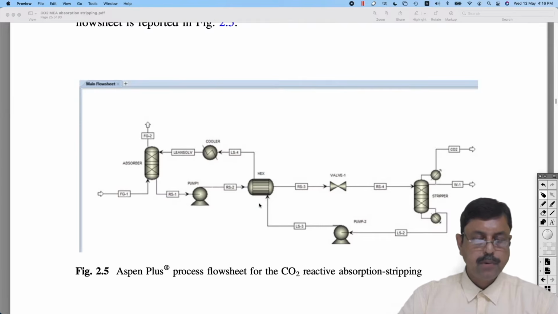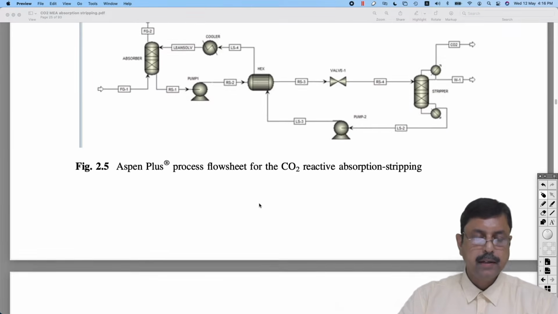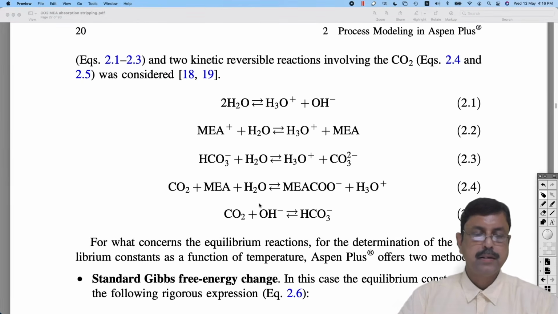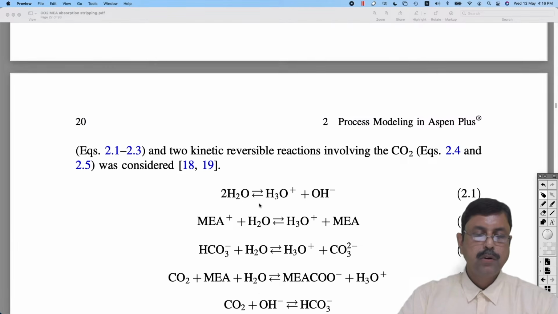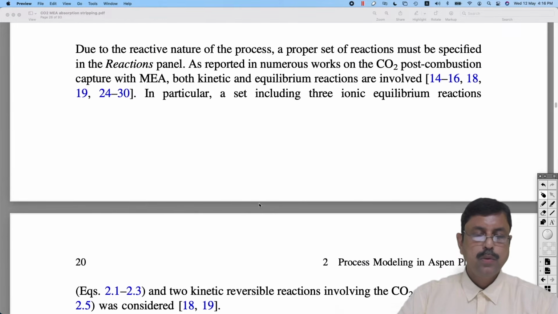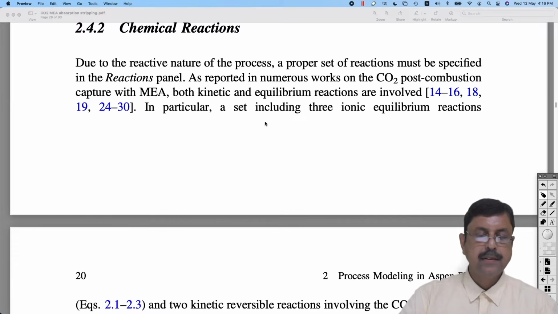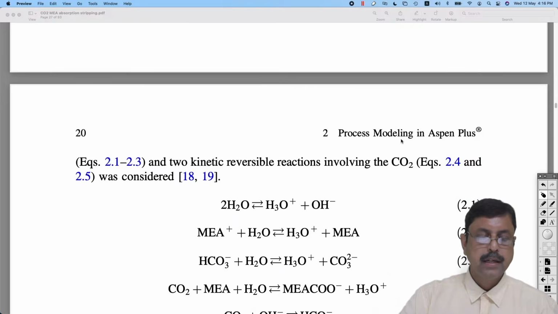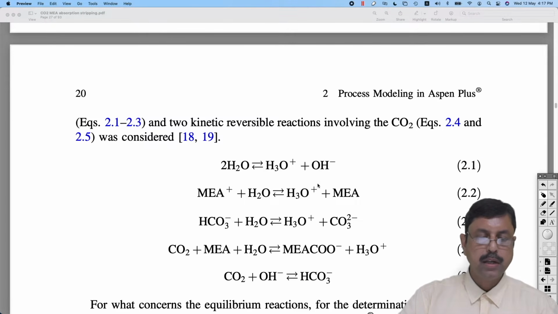And these are the stoichiometry that has to be inserted in the simulation window. And this is the process flow sheet. We'll come to it later. So these are the chemical reactions. Okay. So altogether, we will have a set of 3 ionic equilibrium reactions. That is reaction 1, 2, 3, 2.1, 2.2 and 2.3.